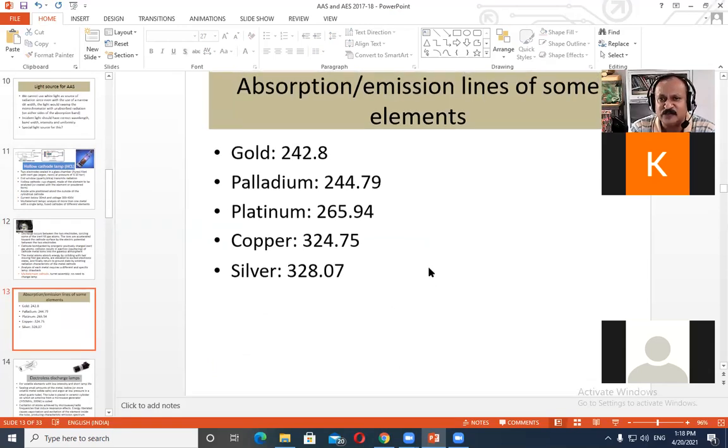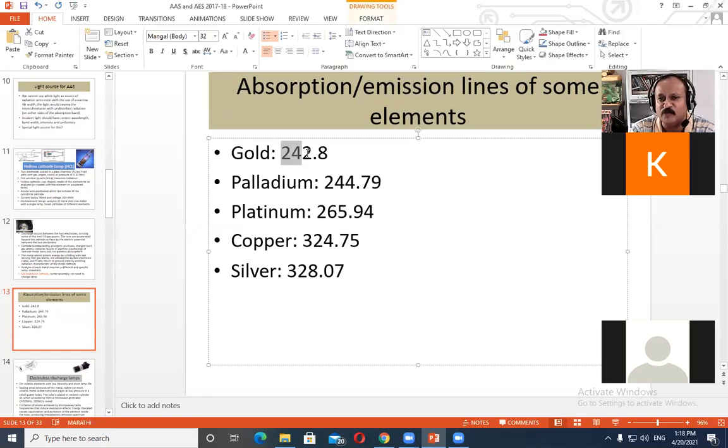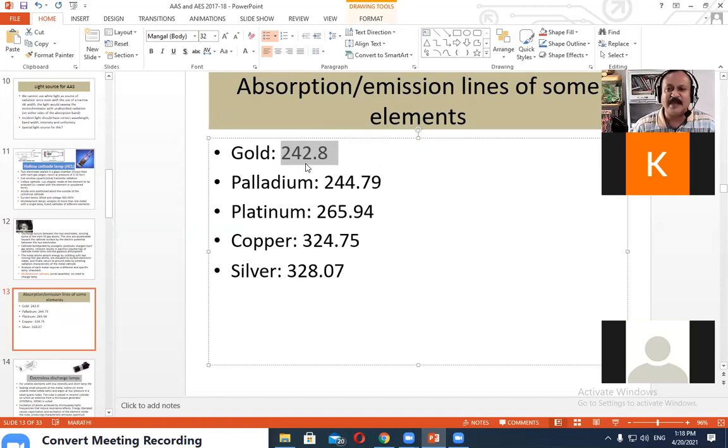This particular slide shows you the atomic absorption lines or the emission lines of some of the elements. For example, gold has an emission line of 242.8, and that is the wavelength which is absorbed again by the pure atoms in the sample. So the same radiation is emitted by the hollow cathode lamp, and that radiation is absorbed again by the sample atoms, that is pure atoms.